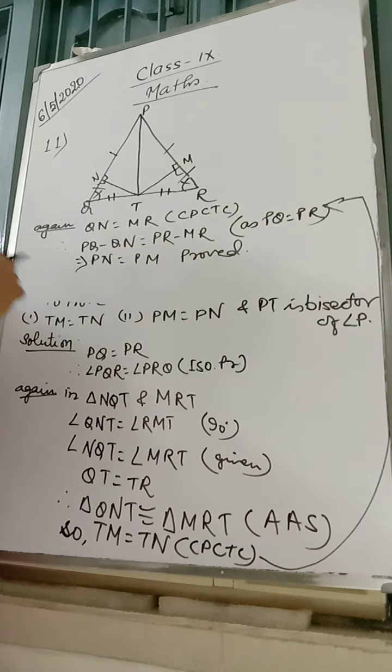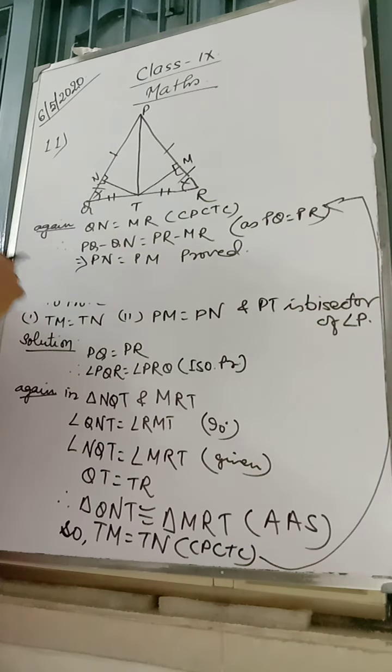This is given to you. Now they have asked to prove angle RSP is to angle QPS is equal to 1:3. Now we have to solve it.